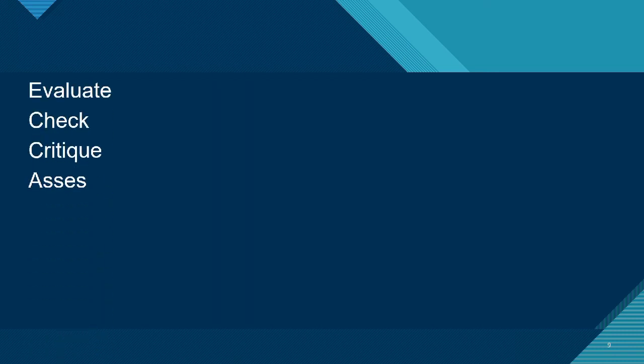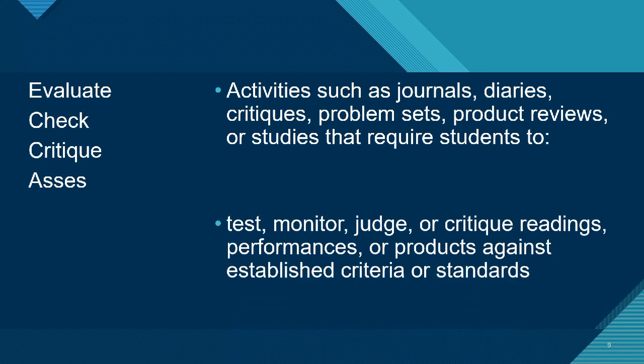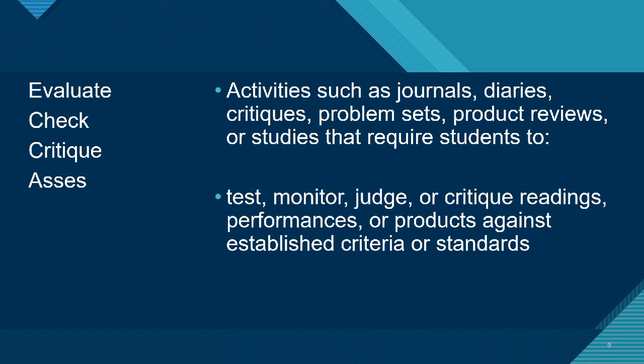Another type of learning objective: evaluate, check, critique, and assess. Appropriate assessment: activities such as journals, diaries, critiques, problem sets, product reviews, or studies that require students to test, monitor, judge, or critique readings, performances, or products against established criteria or standards.